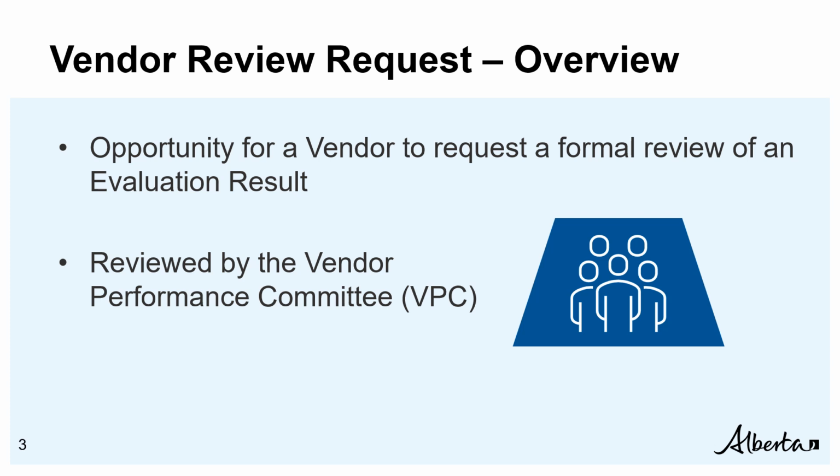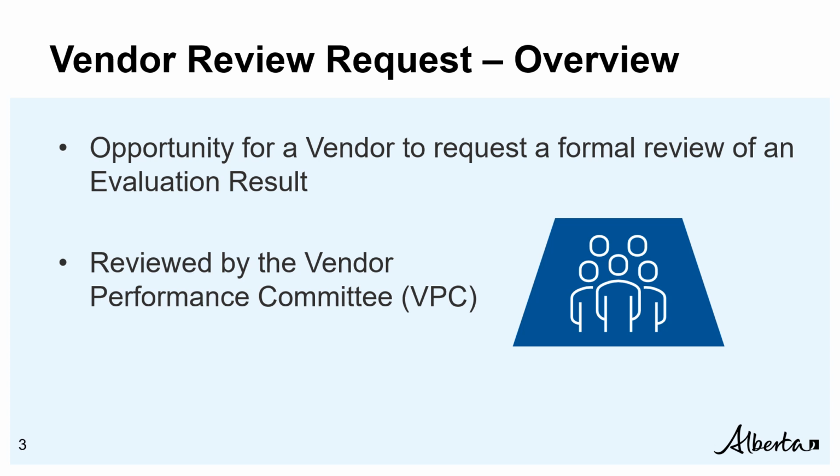The review process gives the vendor a chance to compile their rationale as to why they believe they should have been scored differently on specific key performance indicators or KPIs for an evaluation result, and possibly say their scores on those KPIs adjusted by the VPC.